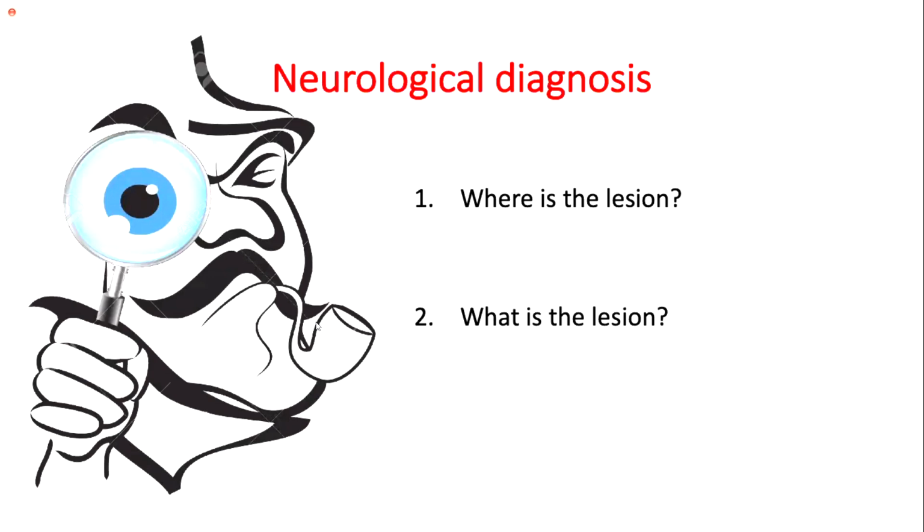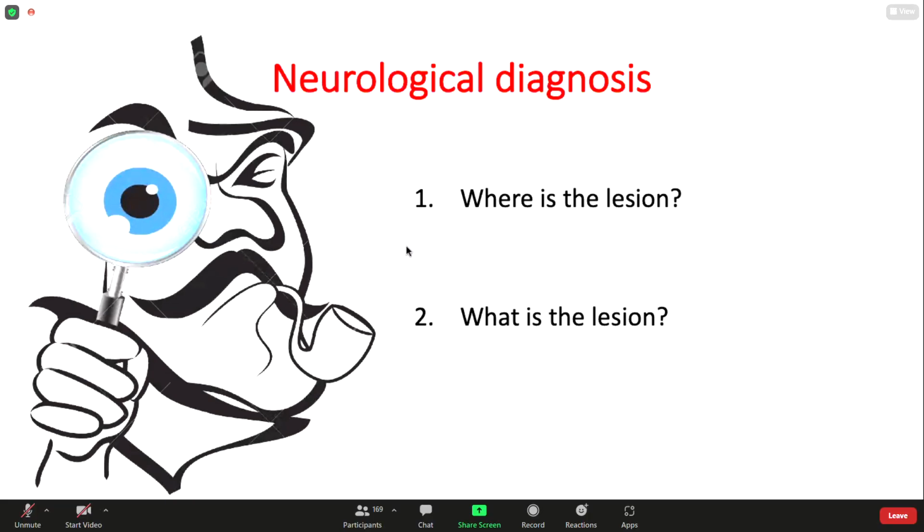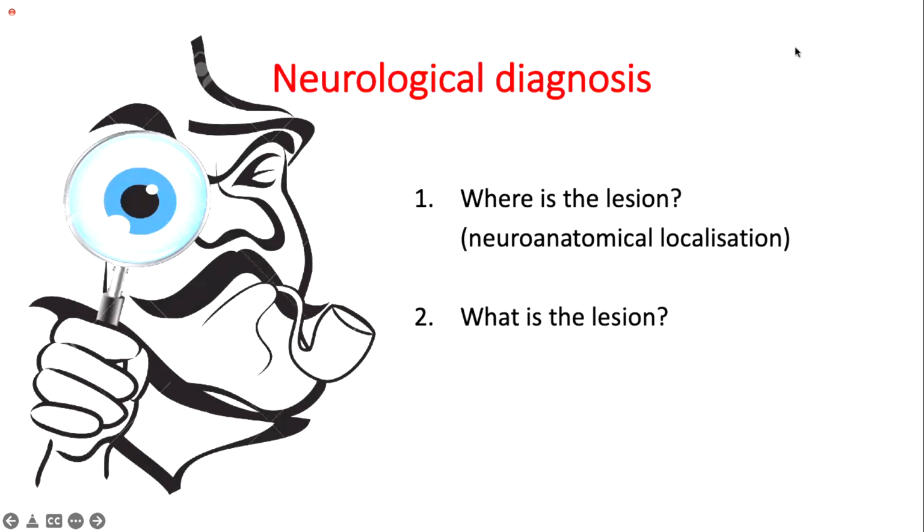So you should be able to answer both questions. That is what we are doing in this lecture, bringing it all together and seeing how you can apply it in day-to-day clinical practice. So what does where is the lesion mean? The question is where is the neuroanatomical localization, right? And what is the lesion is the cause or the etiology. Understood?